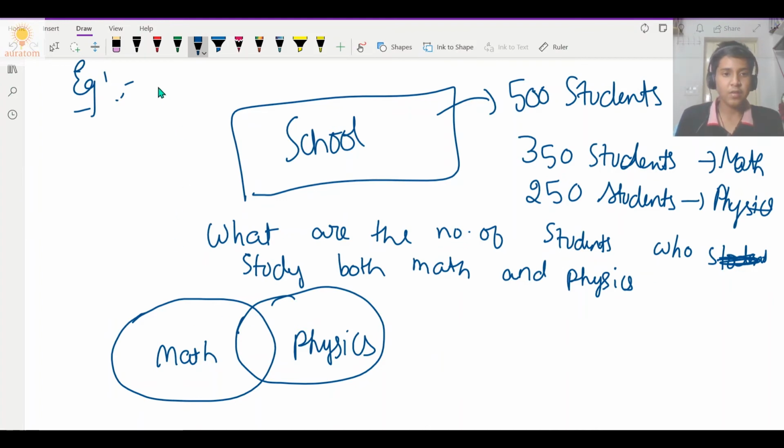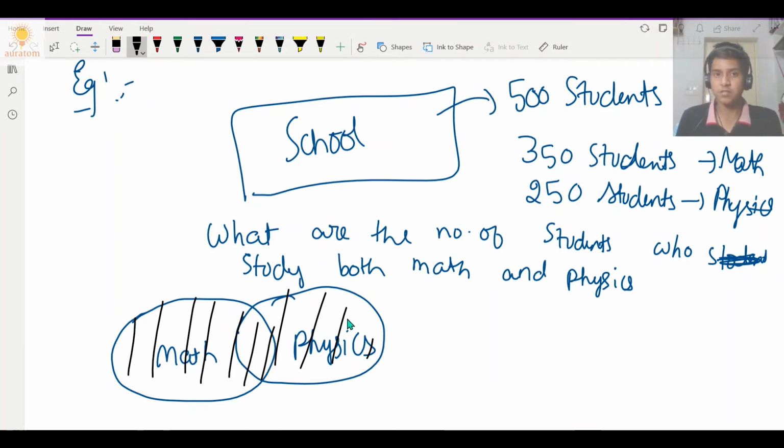And we know that the total students from both math and physics, this part as a whole, will be the total number of students in that school, right? Because it will be the students from both math and physics.